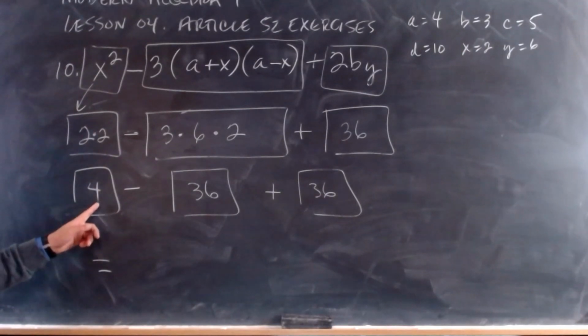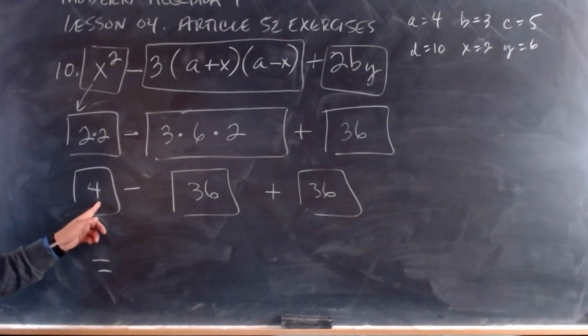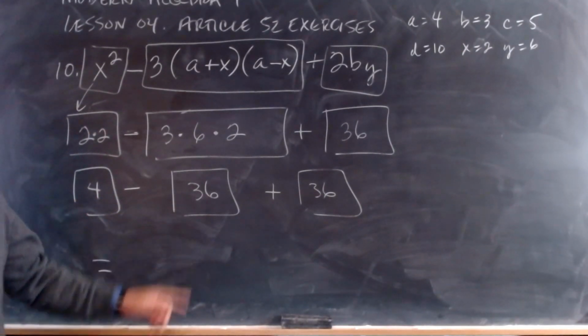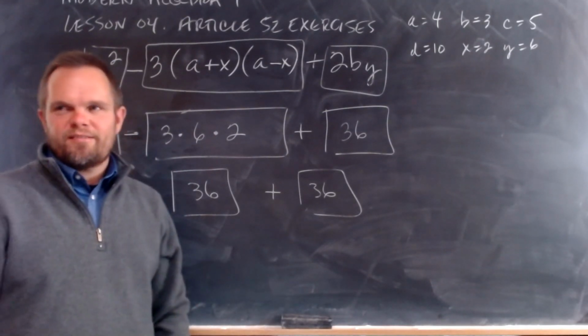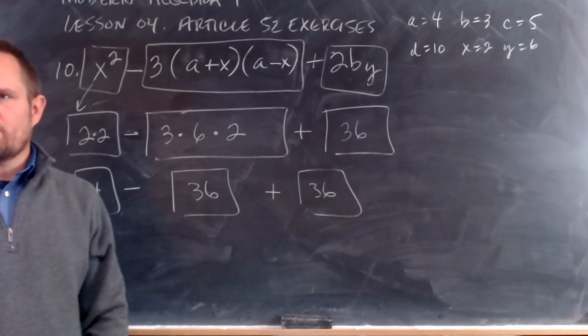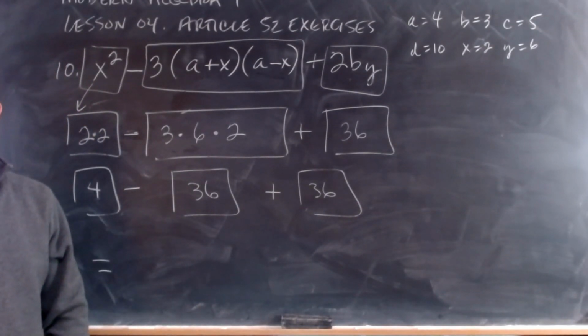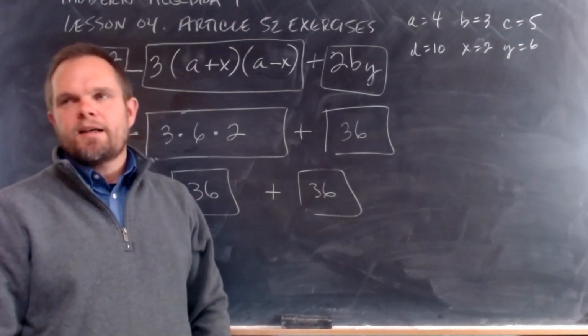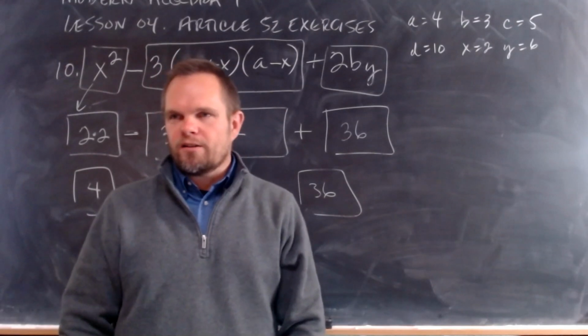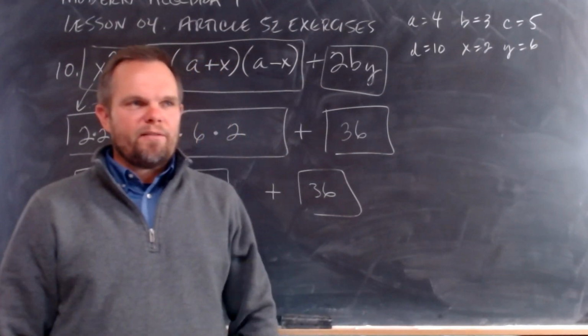Now, what you'll do is you'll say 4 minus 36, and you'll say, oh, I don't know. What's 4 minus 36, do you know? Negative 32. If you have $4 in your pocket and you lose $36, how many dollars do you have in your pocket?